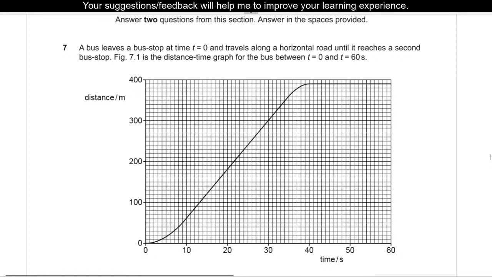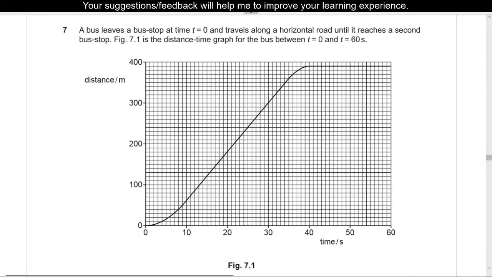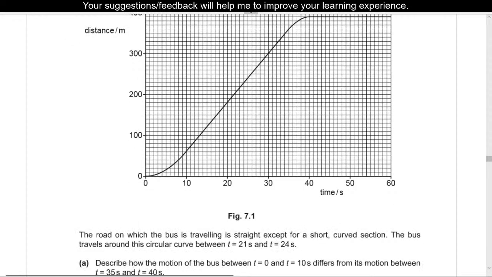The figure shows the distance-time graph for the bus between time 0 to time 60 seconds. So here is the graph between distance and the time.